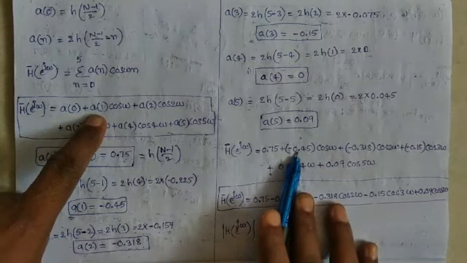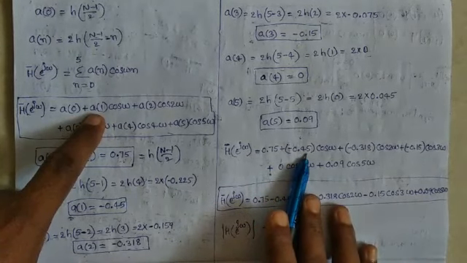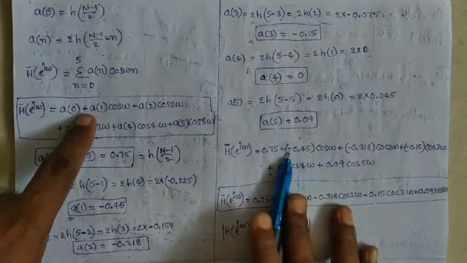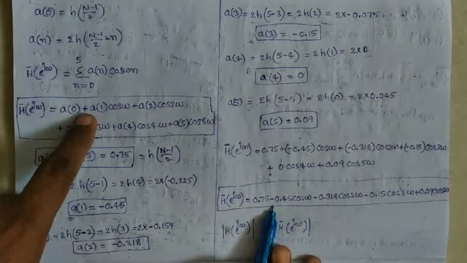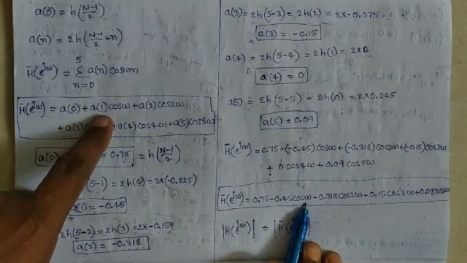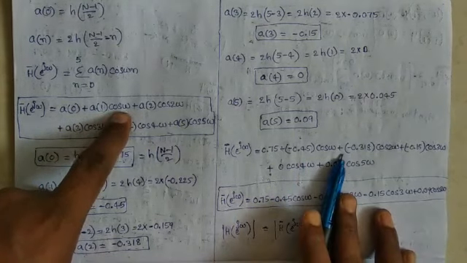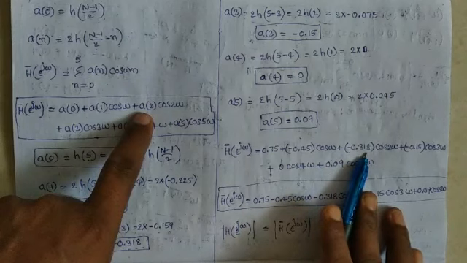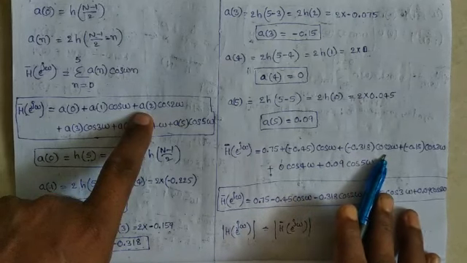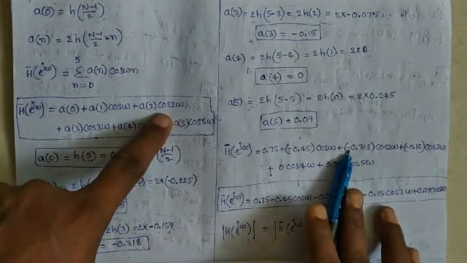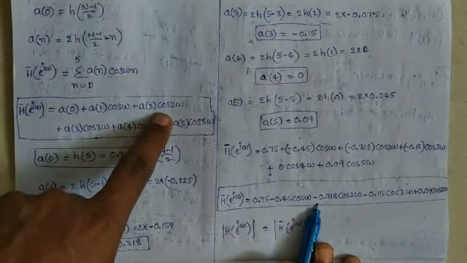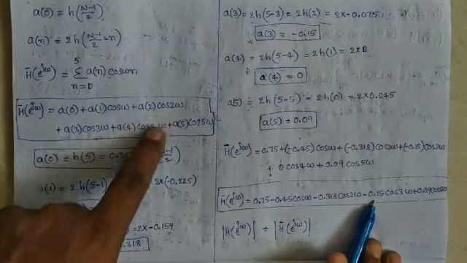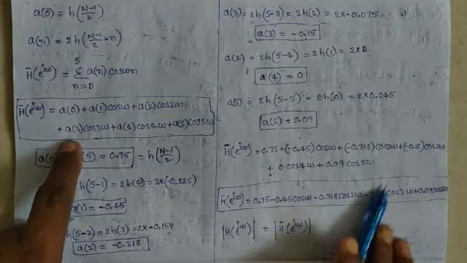A of 1 value is minus 0.45 cos omega, plus a of 2. A of 2 value is what? Minus 0.318 cos 2 omega, plus a of 3 value is what?